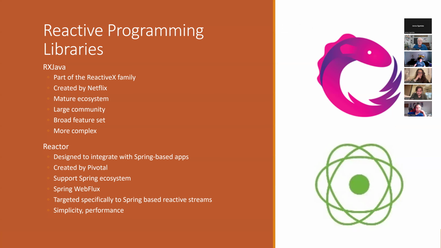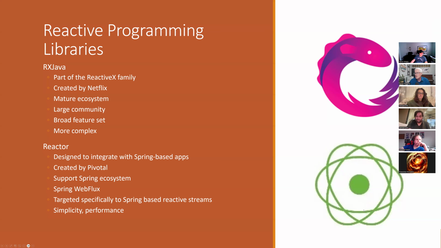All right. Let's talk about 2 specific reactive programming libraries. How many of you have used any of these 2? RxJava? Anyone use RxJava? Raise your virtual hands. No? Good, because it's complex. It's part of the Reactive X family, which has multiple language mappings. It was created by Netflix.